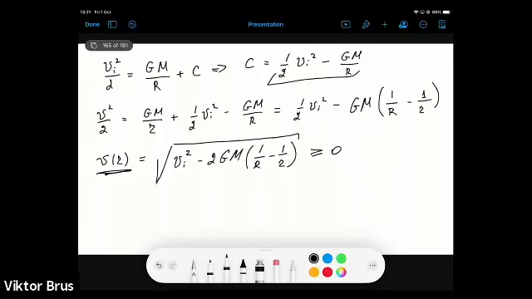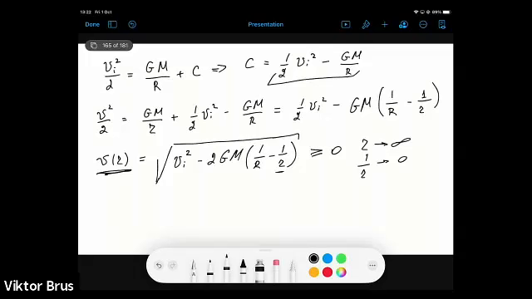So in order to set this condition that it will escape the gravitational field, it should be positive or equal to 0. From the other side, we know that it will escape from the gravitational field when it goes so far from the center of the planet that r will approach infinity. And that automatically means that 1 over r, which is here, will approach 0.